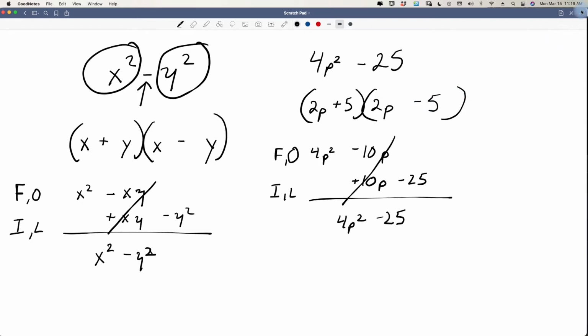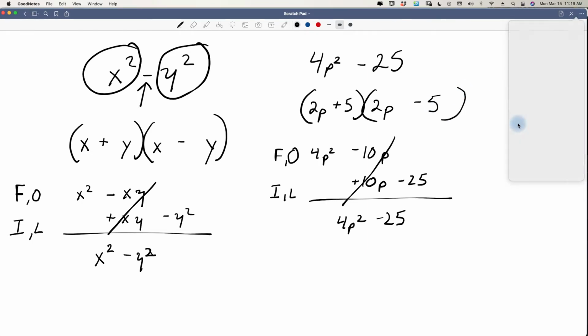Well, let's do another one just for giggles, I guess. M squared minus 16. Again, perfect square, perfect square. We set up our parentheses. We put in the first term, and then we put in a positive and a negative for the second term. We do our FOIL method to check.